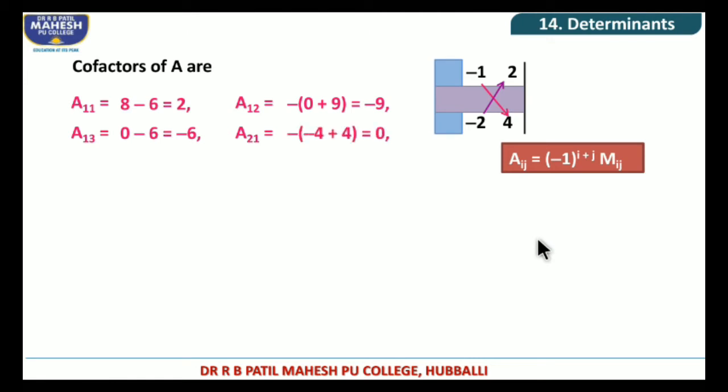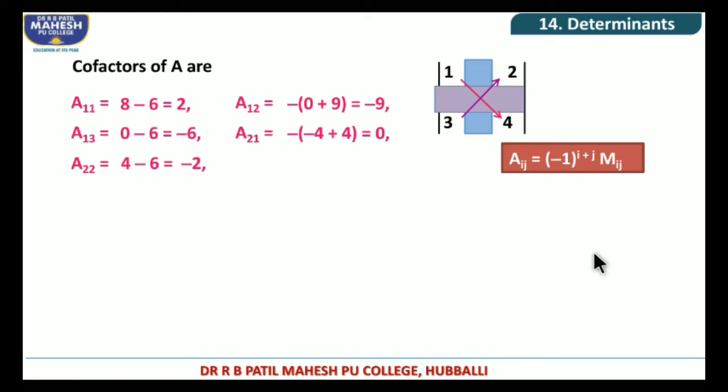Therefore it is 0. So this is the cofactor. Next for A22 we delete the second row and second column. We already have the positive sign for this one. The remaining determinant is 1 into 4 is 4, minus 3 into 2 is 6. So 4 minus 6, and we have minus 2.